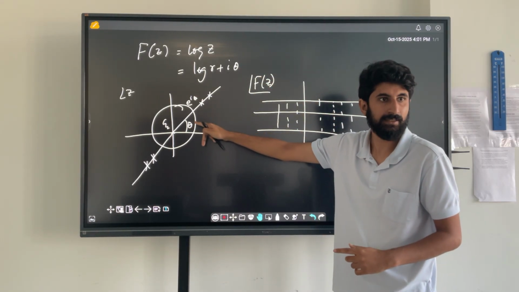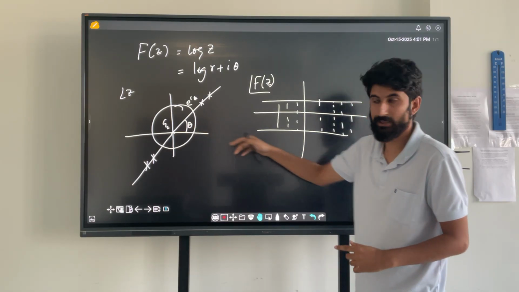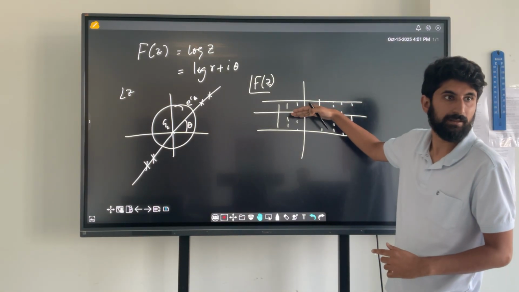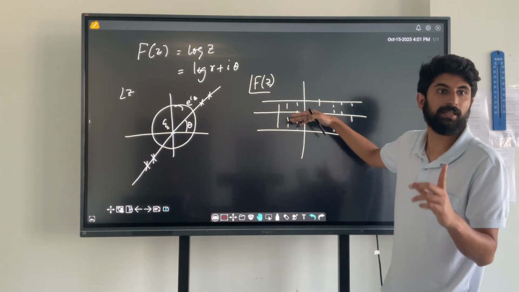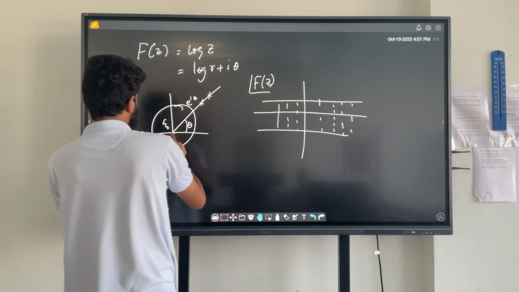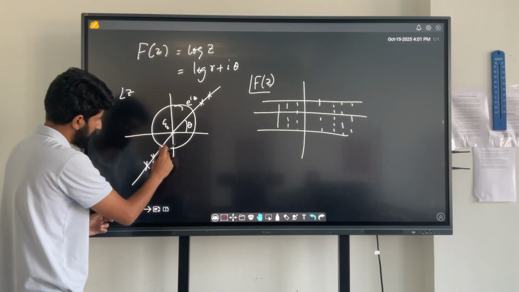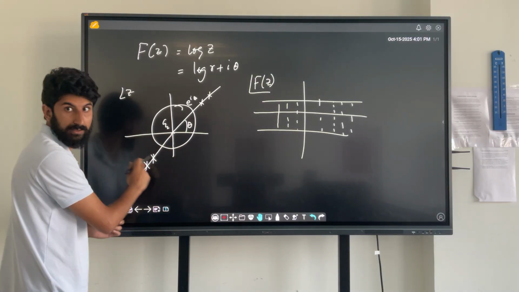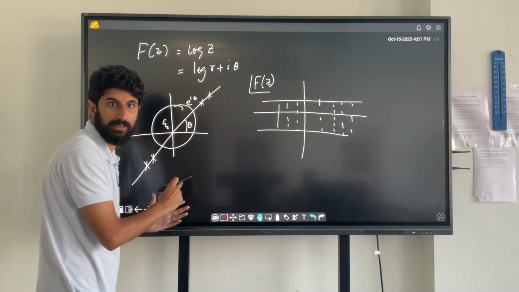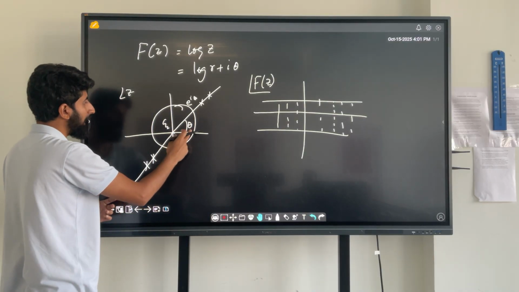If it was, let's say, pi by 3, then this will be at pi by 3. But that's not entirely true, because the part of the line which lies in the third quadrant has an argument of pi plus theta.